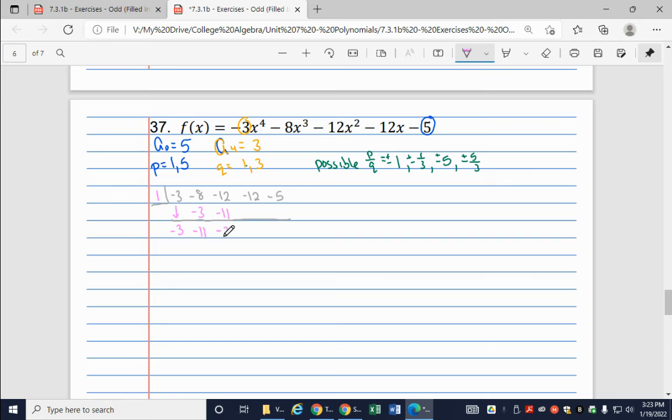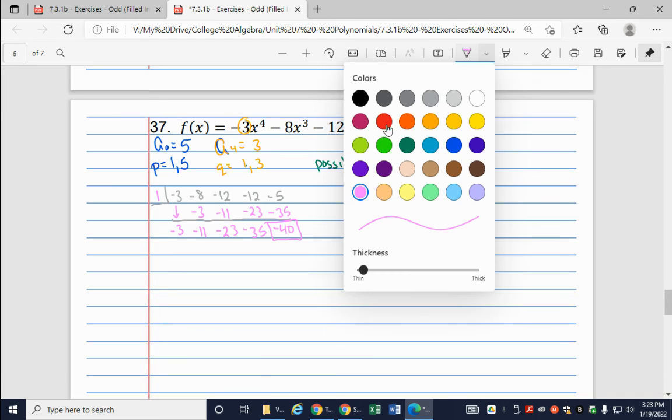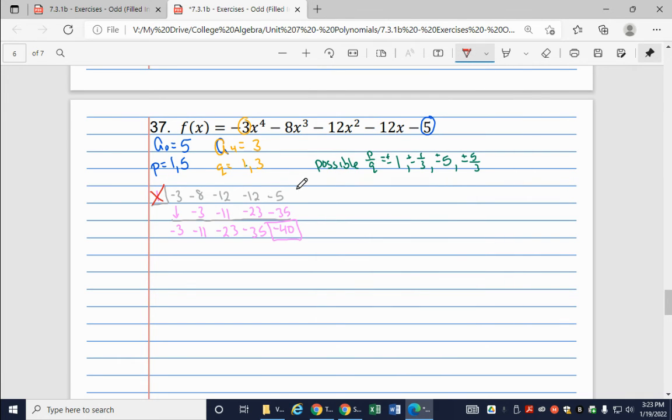That's going to be negative 23. That's going to be negative 35. And that's going to be negative 40. So I'm still going to be looking for a negative on this one, right? So that way I can get some positives down here to cancel out with these negatives. So that one doesn't work.